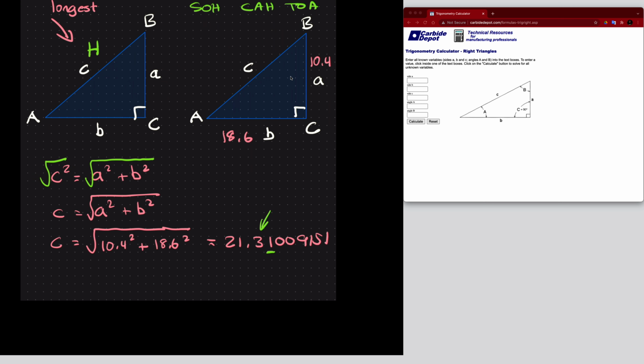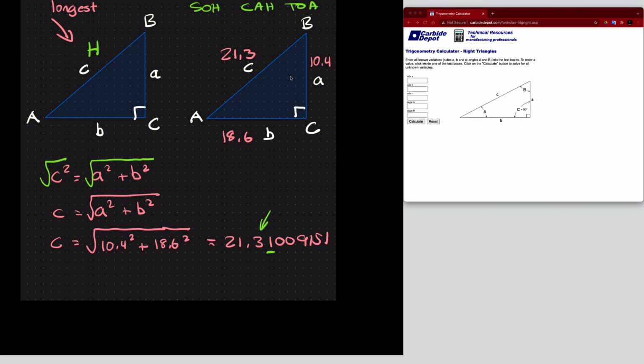If it's a 5, 6, 7, 8, or 9, it would move up to a 4. So in this case, it is a 1, so it will stay as 21.3. So that means that this side right here becomes 21.3.